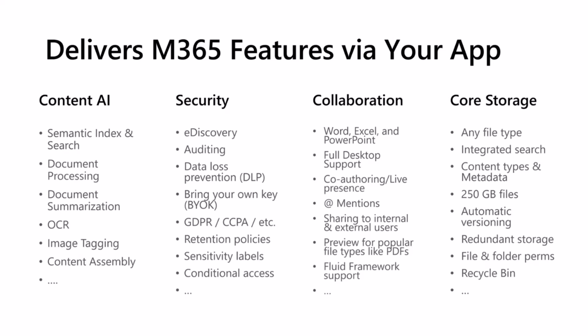So in the collaboration world, which I'll talk more about here in just a second, for example, you have really easy access to Word, Excel, and PowerPoint, both the web client and the desktop client, so that you can embed co-authoring and live presence and everything that means inside your custom app that you're building.